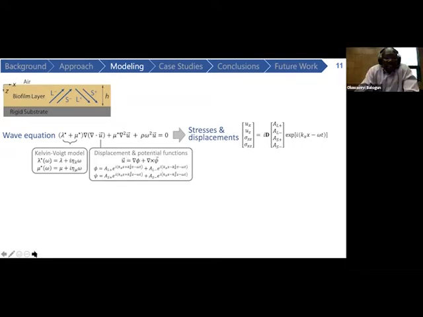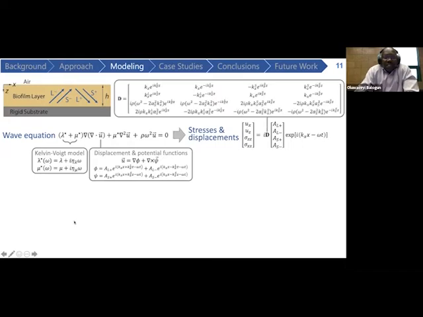And ultimately, we apply the boundary conditions. The boundary conditions in this case would be a traction-free surface, particularly if the biofilm is exposed to air, and a rigid boundary condition at the bottom surface. This is expressed in the vectorial form at the bottom.